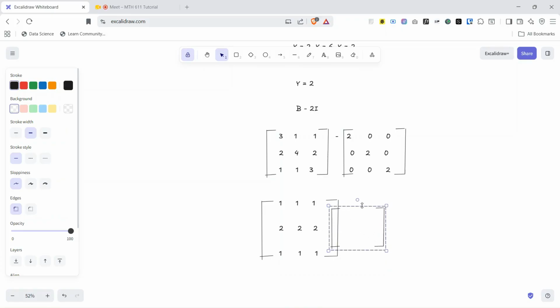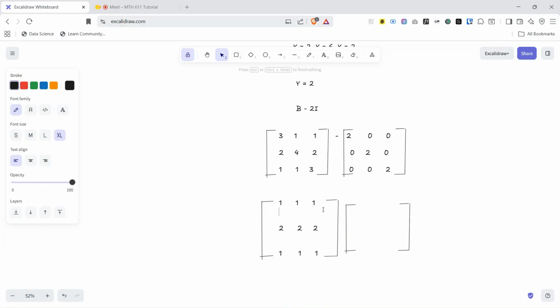And then we are going to have V1, V2, V3 beside it, just like we did yesterday, equal to 0. So we will now turn this into a formula.